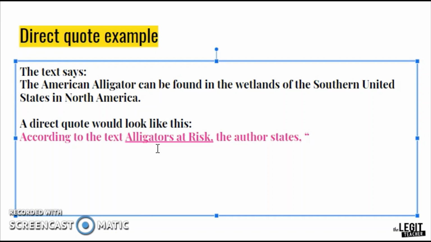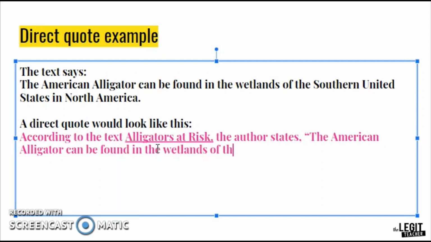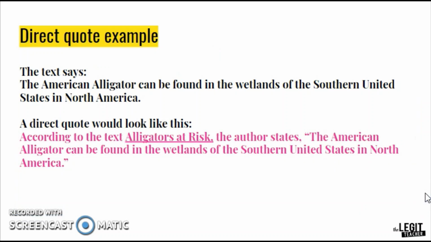And now I'm going to write exactly what the author said. "The American alligator can be found in the wetlands of the southern United States in North America." Period. And I have the ending quotation mark. So that is what a direct quote looks like.